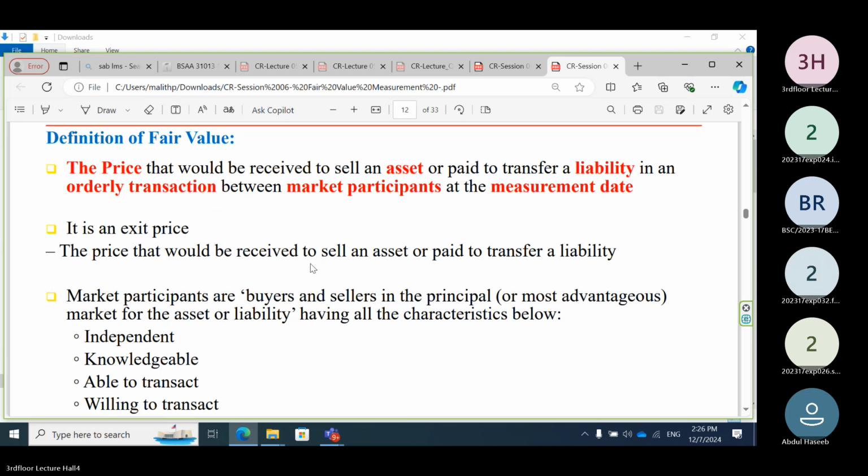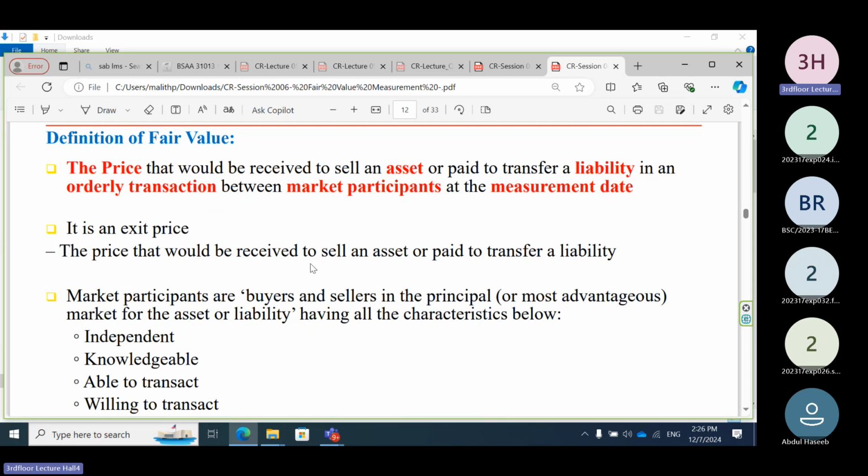The principal market or the most advantageous market for the asset or liability, having all the characteristics below: that party should be independent, knowledgeable, able to do the transaction and willing to do the transaction. There is no undue influence. It's a kind of pure, genuine transaction with knowledge. The market participants, buyer and seller, have a proper understanding about the transaction.